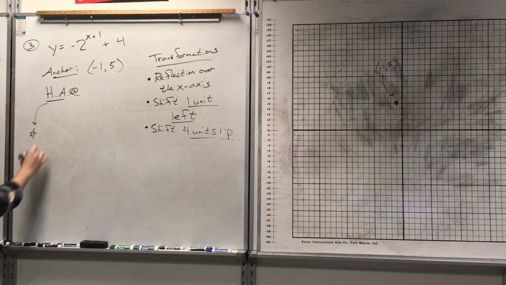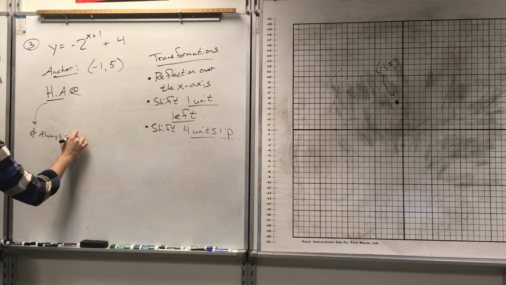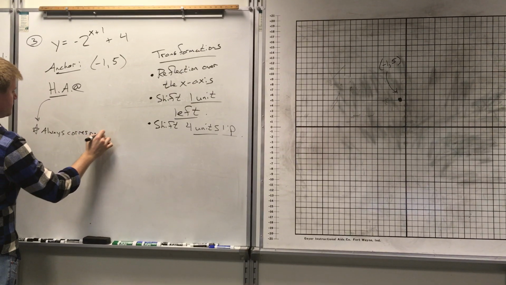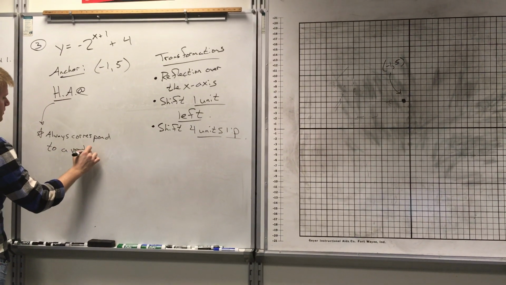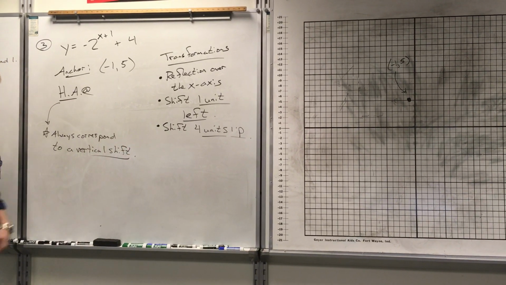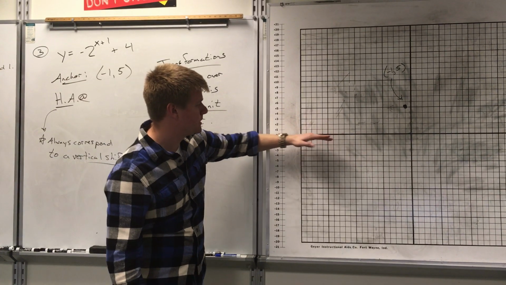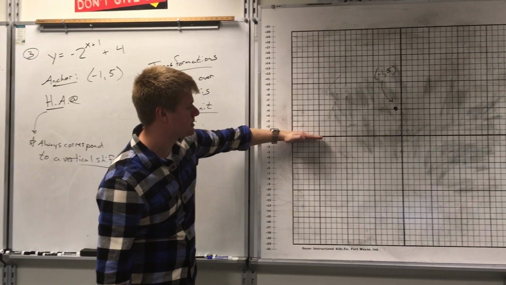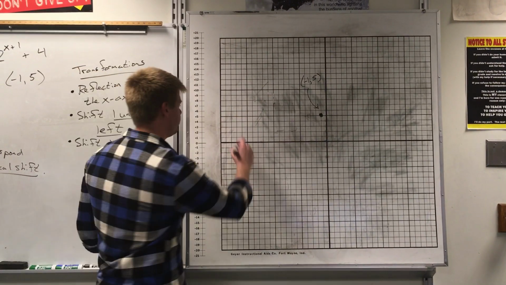The horizontal asymptote will always correspond to a vertical shift. So if we translated the graph up 4 units, that means I'm going to start at the x-axis and shift that up to y equals 4.